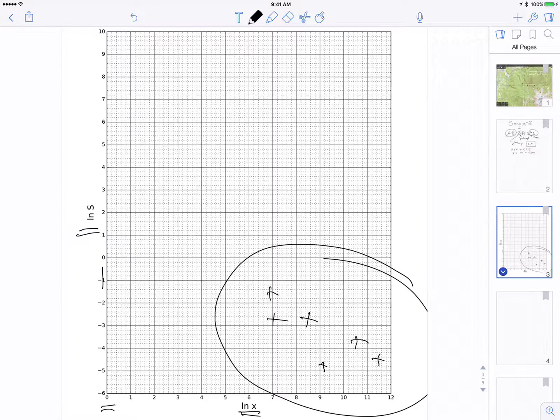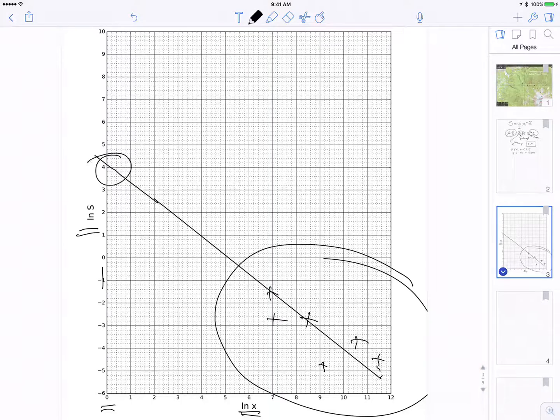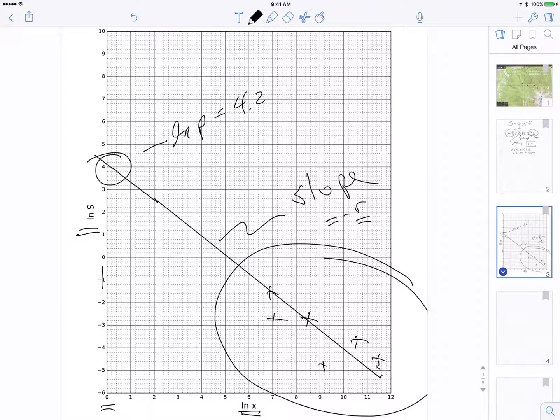If I draw a best fitting straight line to that, I may have something that looks like this, say, and if I extrapolate that up, this then would intersect at a value, say, of natural log of p equals, say, 4.2, and then we could exponentiate it, where the slope of that line is equal to minus r, and so then we can determine our value of r. So that's something that you should be able to do.